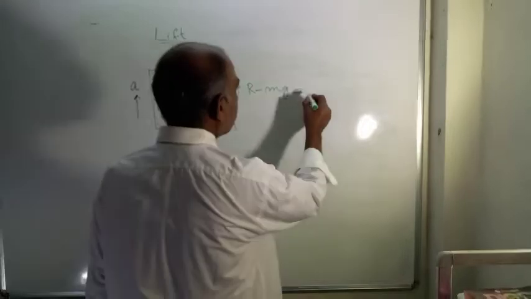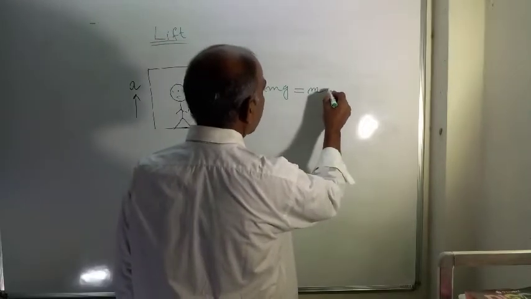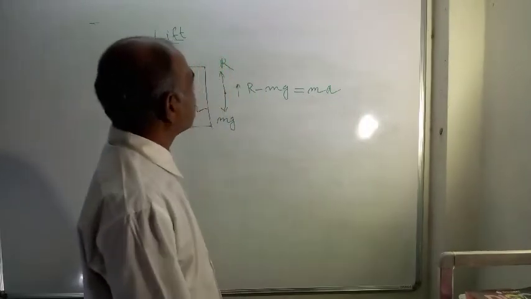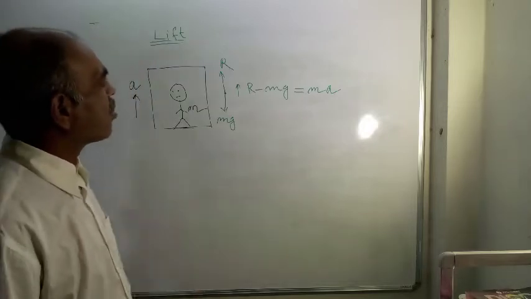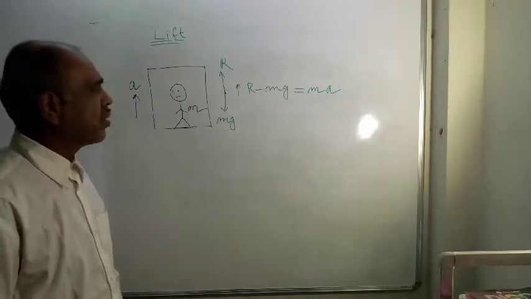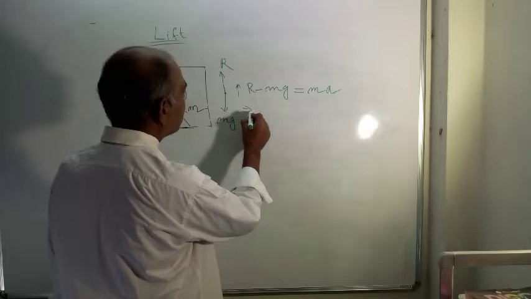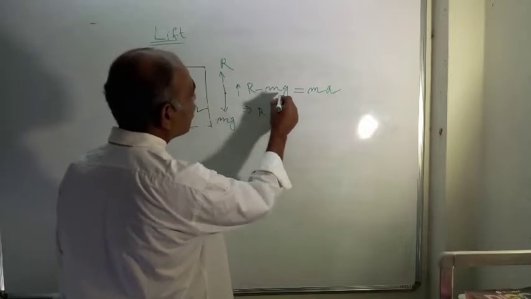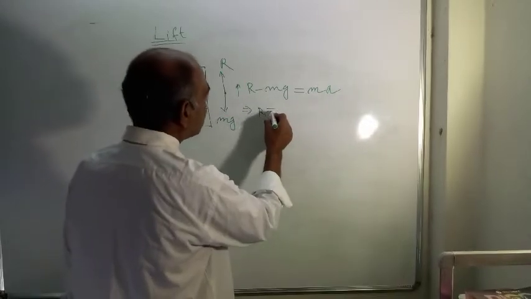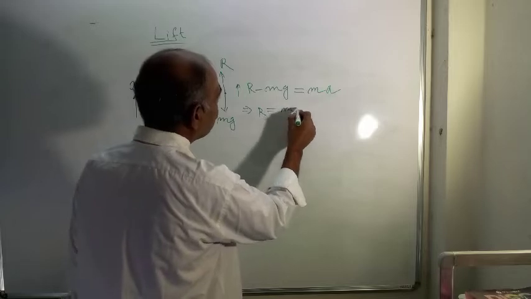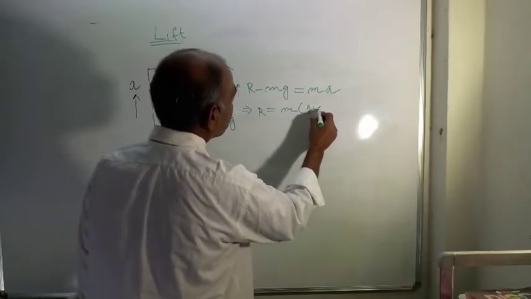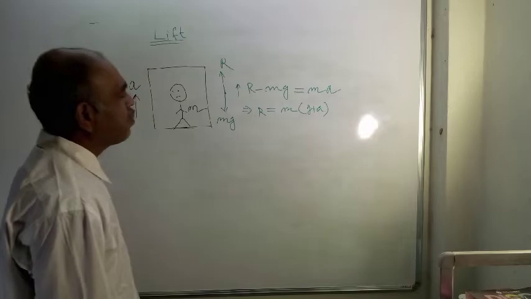So the mass of the man is m, acceleration is a. This is the required equation: R minus mg is equal to ma. From where we can write, you take this mg to the right hand side, R is equal to m into (g plus a).